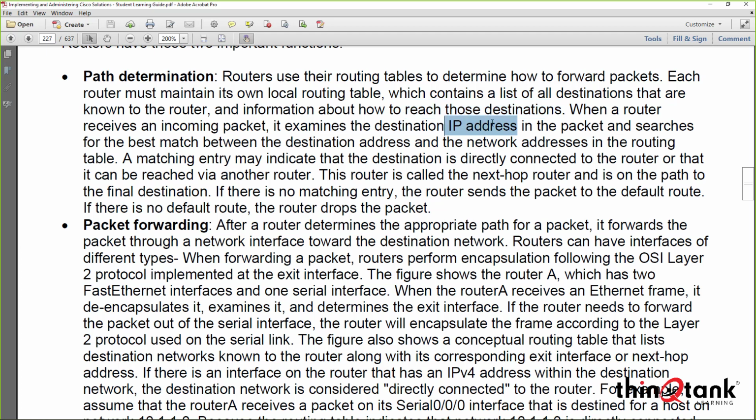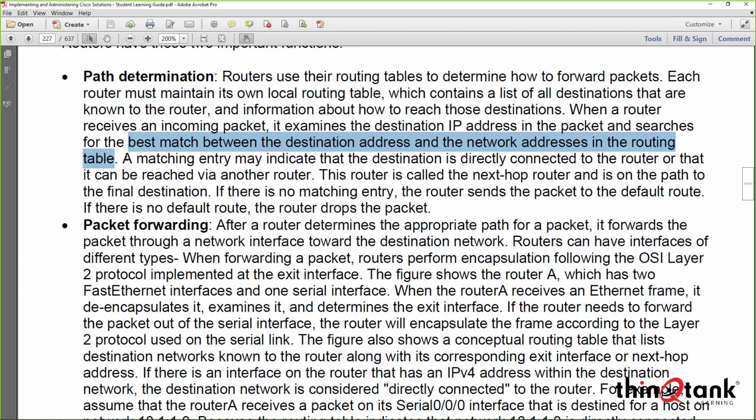So it examines the destination IP of the packet. It searches for the best match between the destination address and what's in the routing table. By the way, it is entirely possible to have more than one route in the routing table to match a destination. In that particular case, there are a specific set of tiebreakers that we use to determine which route we're going to use.